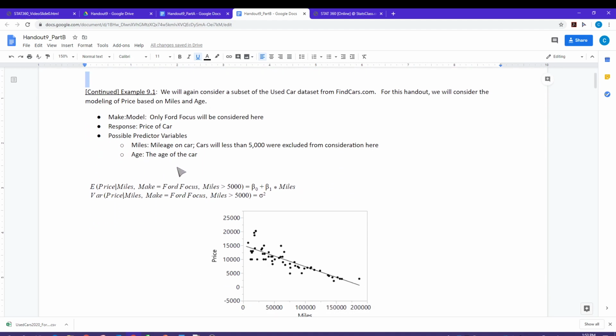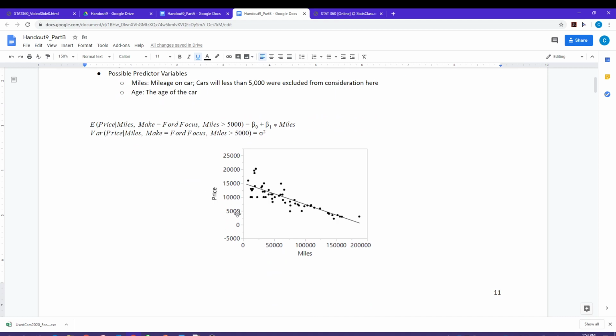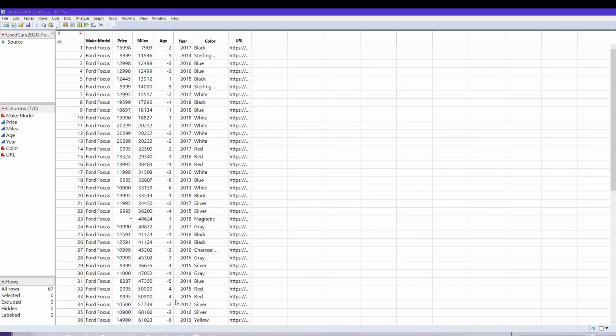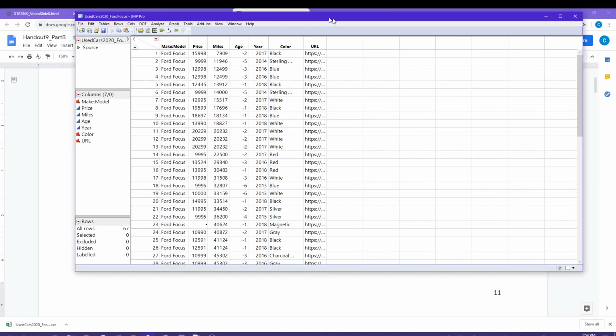Okay, so let's go ahead and get started here. We're looking at a model for the price of Ford Focus vehicles that have at least 5,000 miles. This model is going to use miles as the predictor variable. So we can go ahead and fit that model over here in JMP.